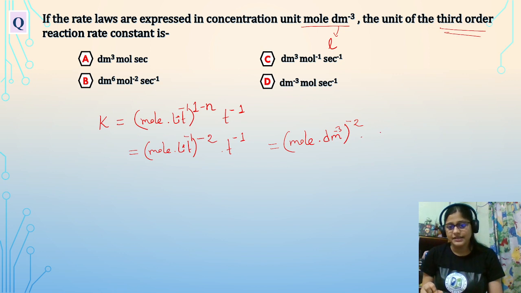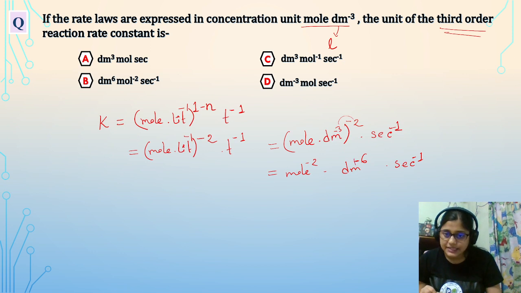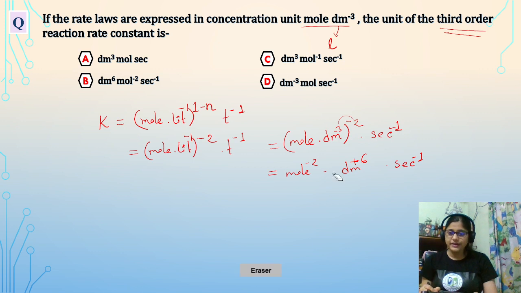For t, we have to put second inverse. Then it will be mole to the power -2, decimeter to the power -6, and second to the power -1. This will be the answer. 3 into 2 will be 6, and it will be +6, not minus, because minus minus is there. So only write 6.